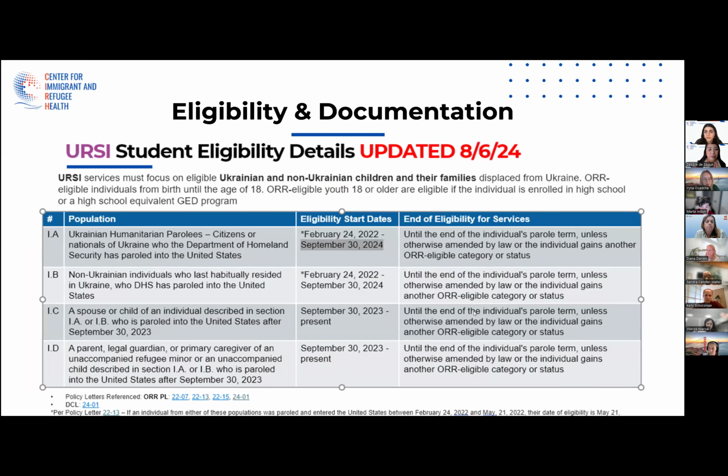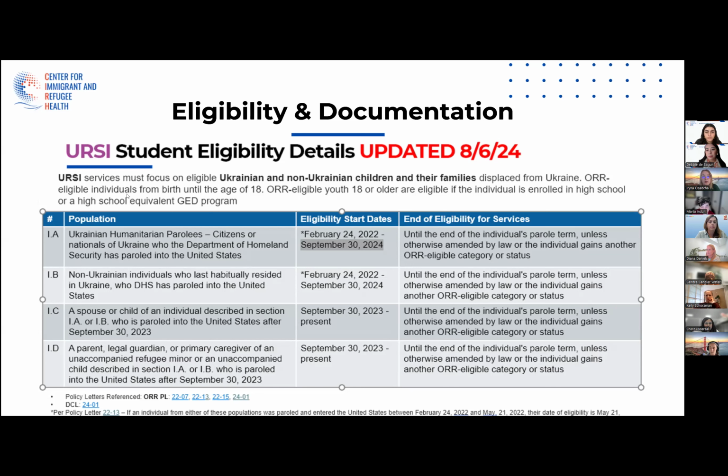Your student eligibility dates. I know it's a lot of information to carry on, but I think the most important is this: the eligibility program for Ukrainians and non-Ukrainians, children and their family displaced from Ukraine.